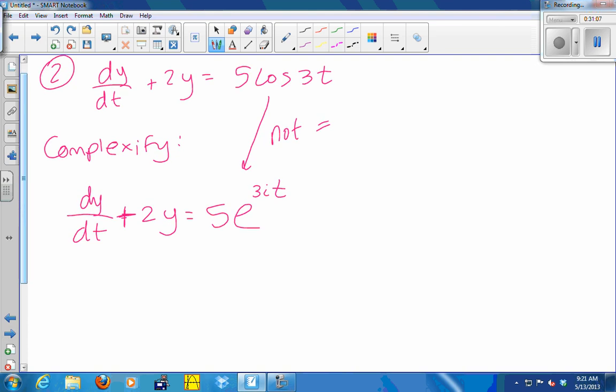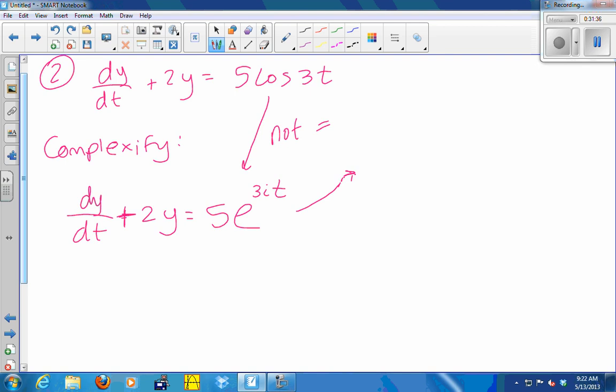All right, so now that I've written a different equation, its solution is going to have a real part and an imaginary part, because this is a complex exponential. I'm going to be interested in just the real part. The real part of this solution is the solution to this. So let's write that down.